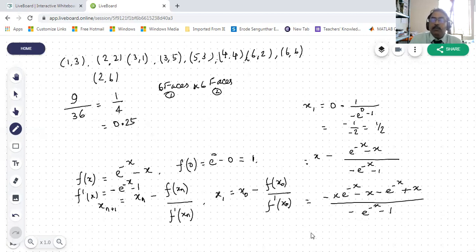I am not disturbing the minus. Minus e power minus x. You can cut short this. So x e power minus x plus e power minus x divided by e power minus x plus 1. I have taken all these out.